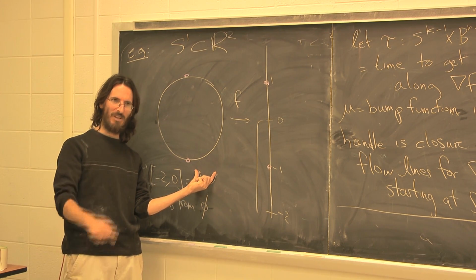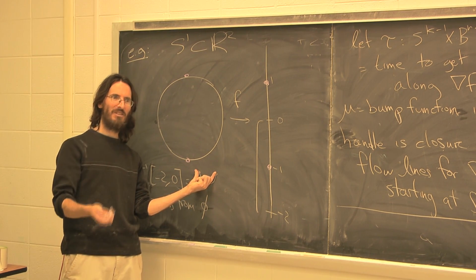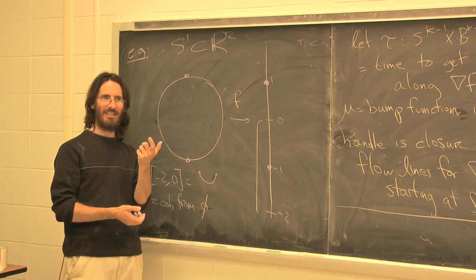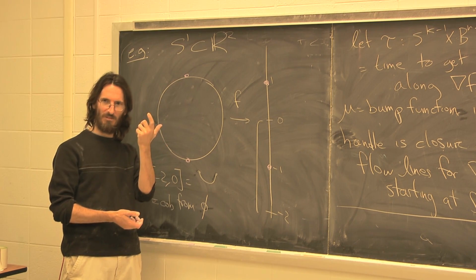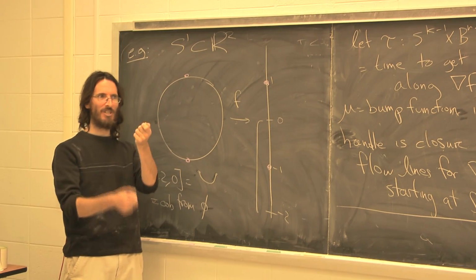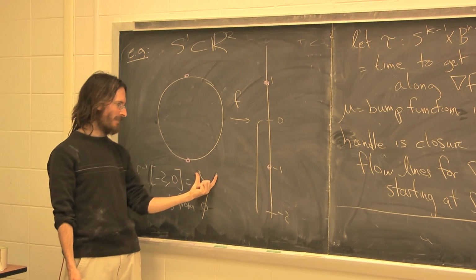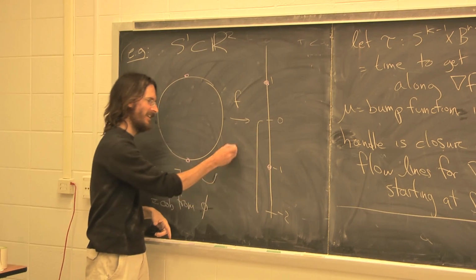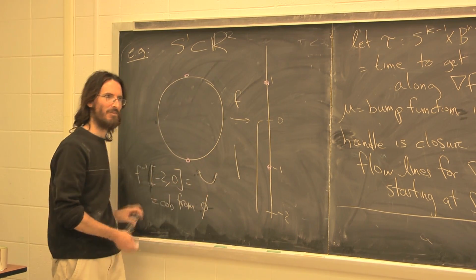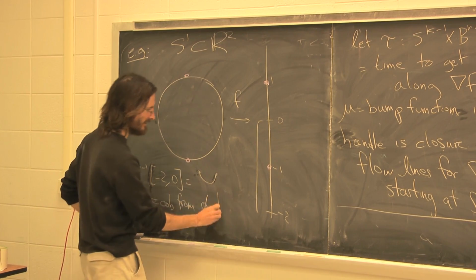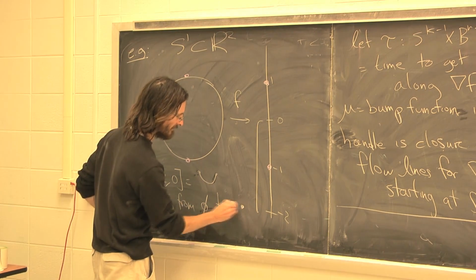But when you say it's a cobordism from something, you're automatically choosing a partition of the boundary components into some that are at the bottom and some that are at the top. So the bottom is the empty set, and the top is 2 points.